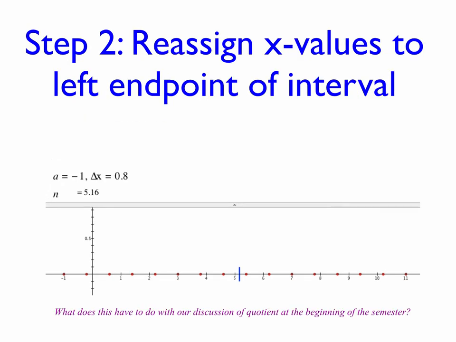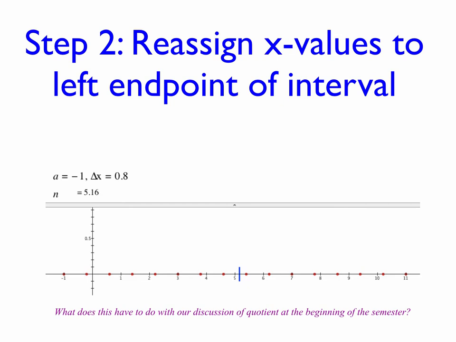Now is where the magic happens. Our end goal is to have this piecewise constant rate of change function that has the values of the rate at the left end of every interval. Well, that means I need to focus on the left end of every interval.